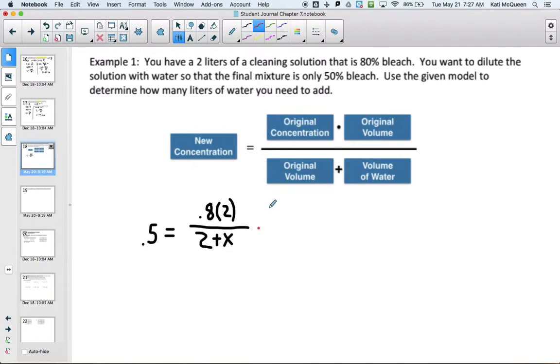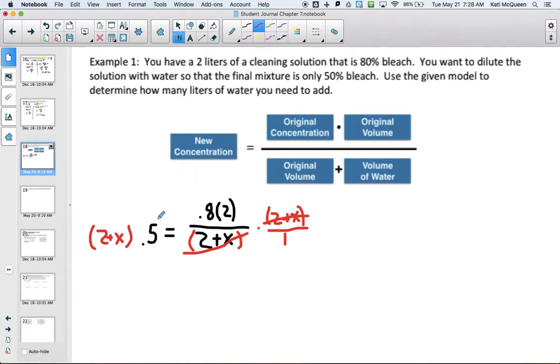I want to get rid of this fraction, so I'm going to multiply by that denominator, 2 plus x. Then I can think about each side, the bottom canceling with the top, right? This is just over 1. And if I do that on the left, I also have to do it on the right, so I need to multiply by 2 plus x here as well.